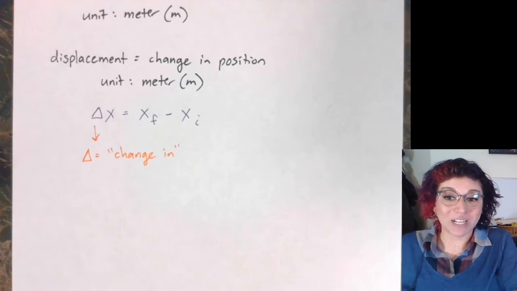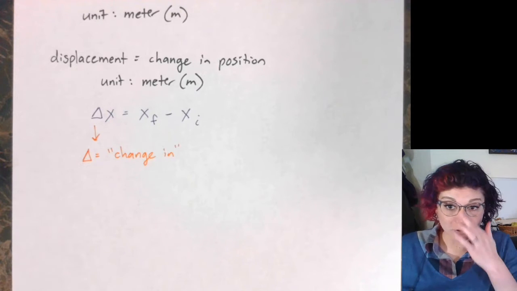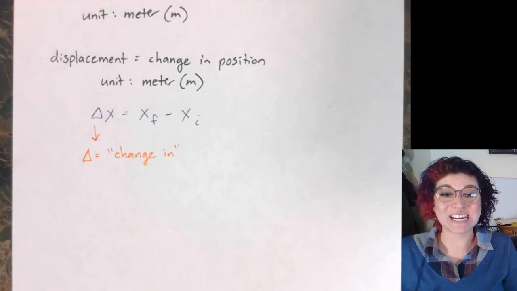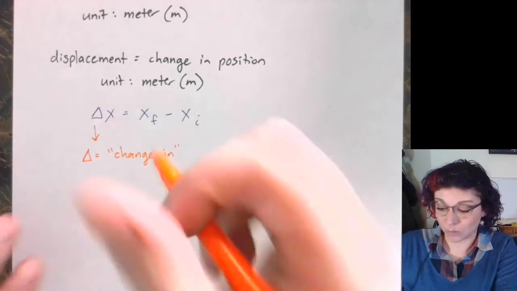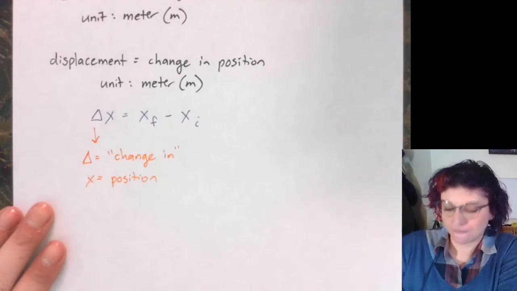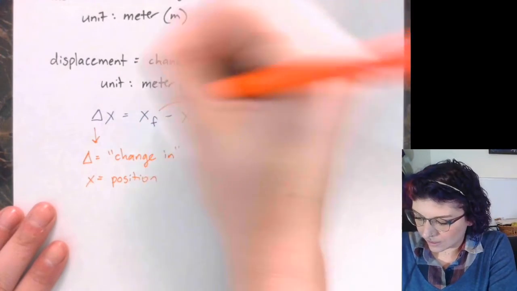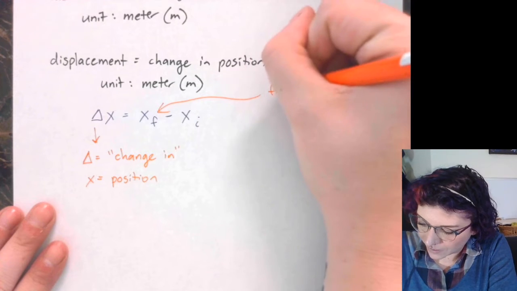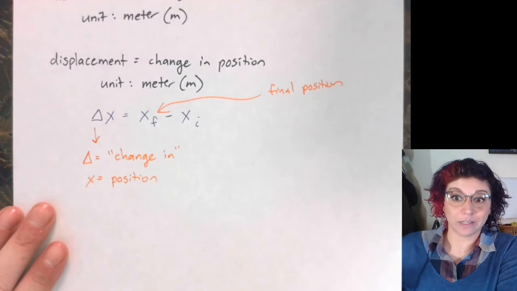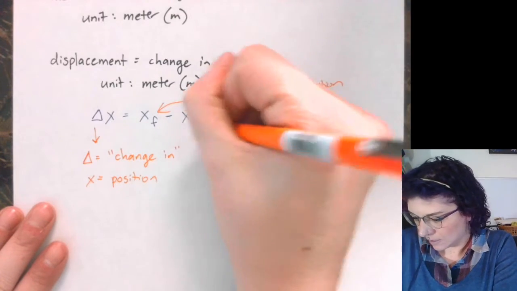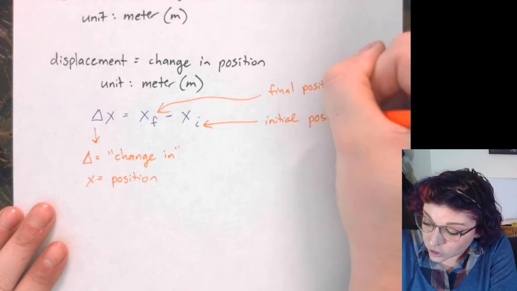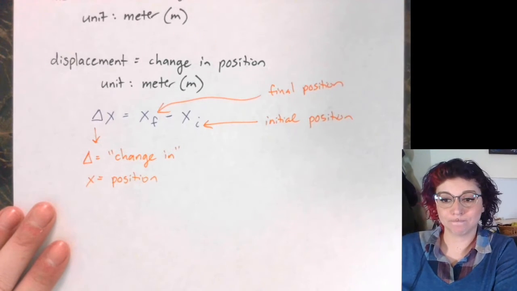It's not saying multiply, it's saying the change from one spot to another for this variable. So the change in x, which is our position. x equals position. x_f is our final position, so where the object finally ends up. And x_i is our initial position of our object.